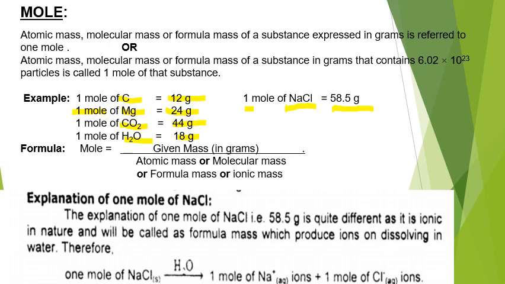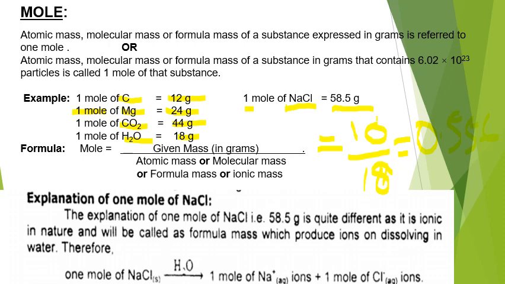We will apply the formula, that is 10 upon 18, given mass over molar mass, equal to 0.556 moles. Right? This is the way how to calculate moles.